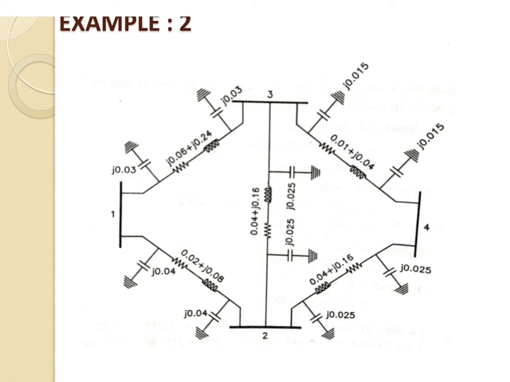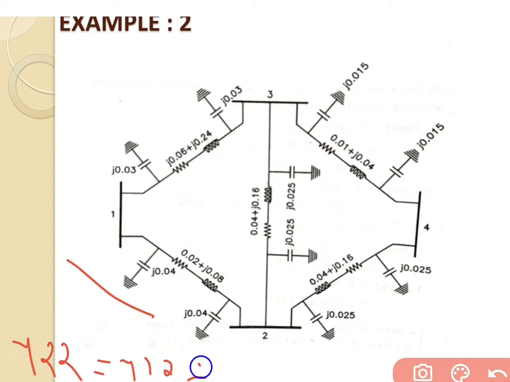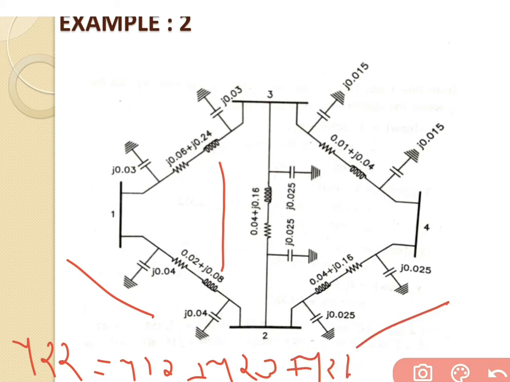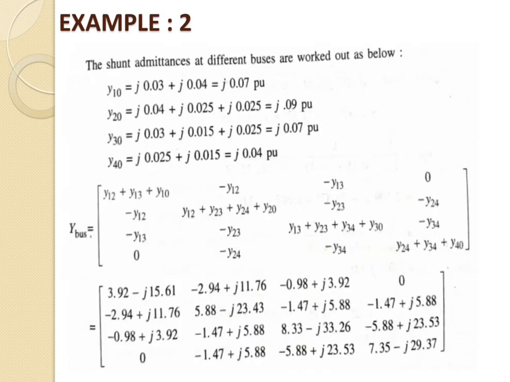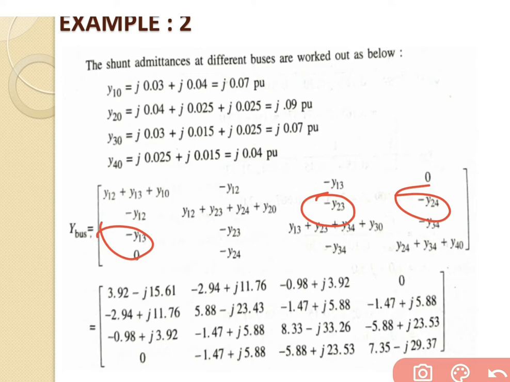So firstly we write the equation for y22 as the first line, y12, plus the second line, y23, plus the third, y24, and the fourth, y20, because this line is also connected with the ground node and has a shunt admittance, which we add. So this is the equation for y22, then minus y23, minus y24, minus y13, minus y23.